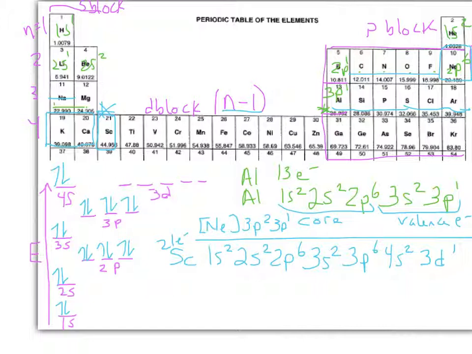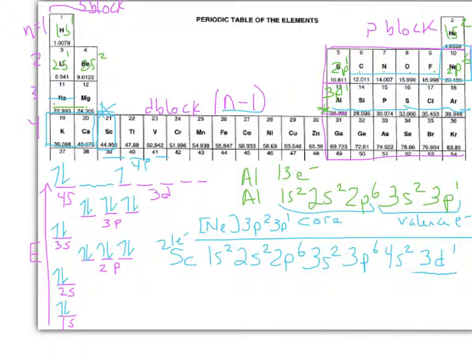The next highest orbital is 3d, not 4p. 4p is up here, higher in energy. So the next place to fill an electron is 3d. That's where we end up with the d orbitals trailing, shall we say, at n minus 1.